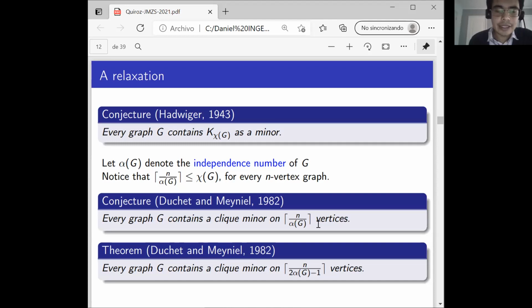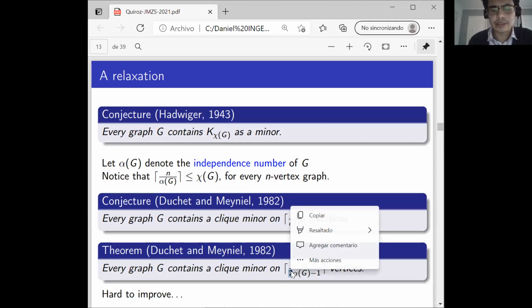The nice thing about this conjecture is that the proof is quite short that they get within a factor of 2 of that. They proved that every graph contains a clique minor on n over 2 alpha vertices, which is very nice. But going beyond that would be quite hard.